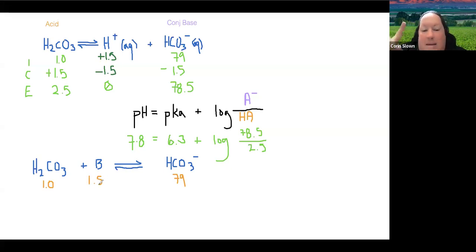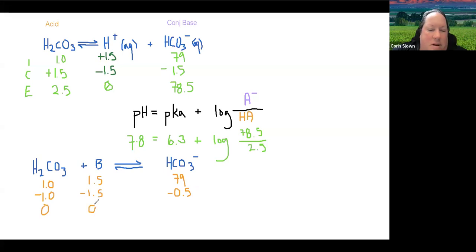Right, so in this case, 1 of this is going to react with our carbonic acid. We're going to completely consume that. And then 0.5 is going to react with our bicarbonate. So we have 0 here.